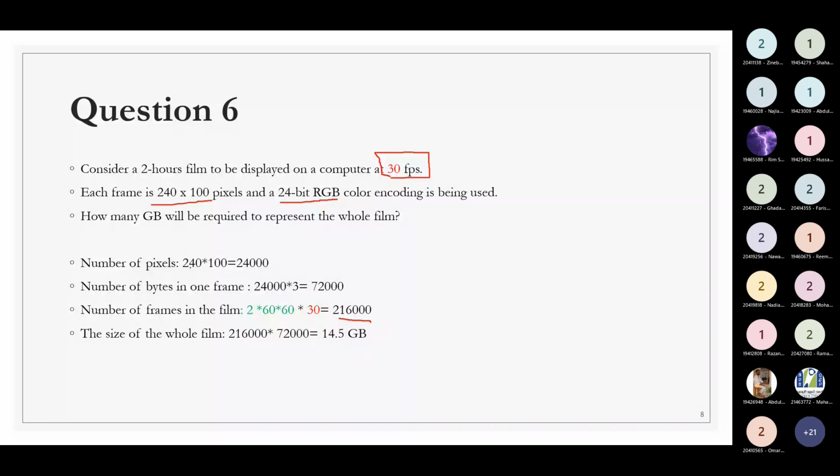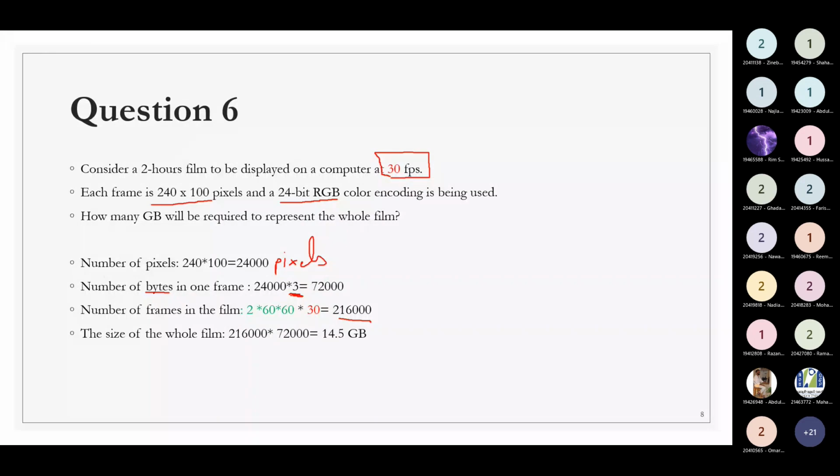So this is the number of pixels. Here we have 24,000 pixels. The number of bytes in one frame is equal to the number of pixels multiplied by 3.